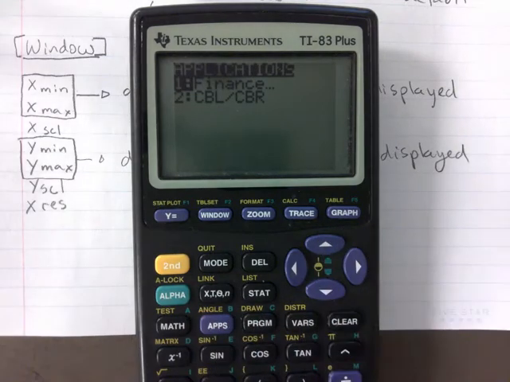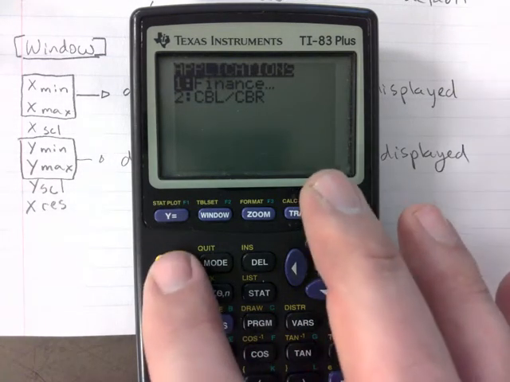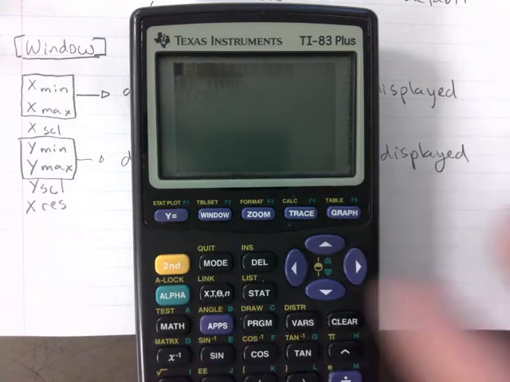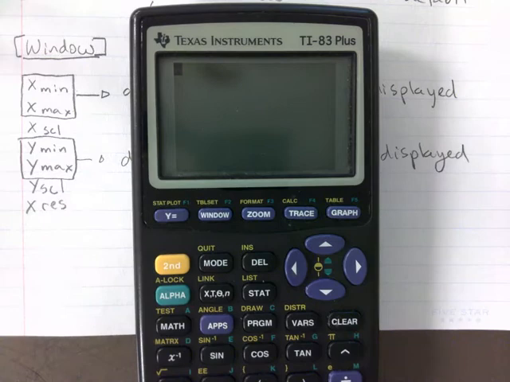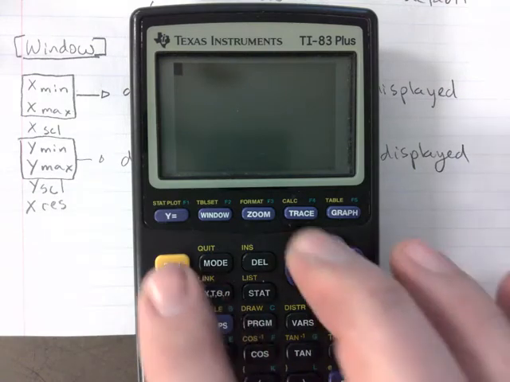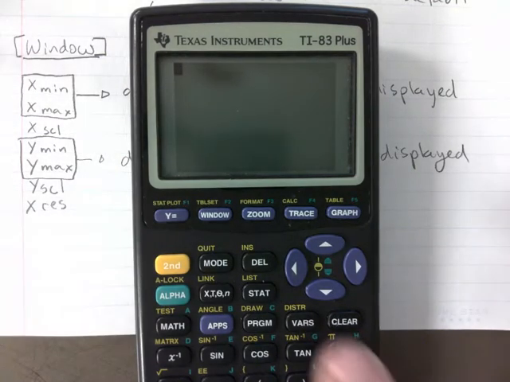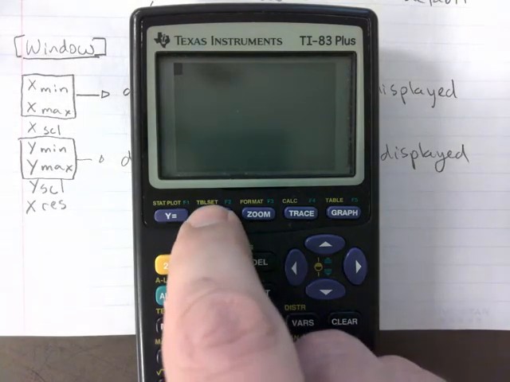And you're like, what do I do now? Second mode is like when you quit. So you press second and then mode. It will always take you back to the home screen. I wish they would just give us a home screen button, but they don't. So that always gets you out of trouble. If you're ever stuck somewhere, second mode, boom, back to home screen. Okay. And let's press window all together.